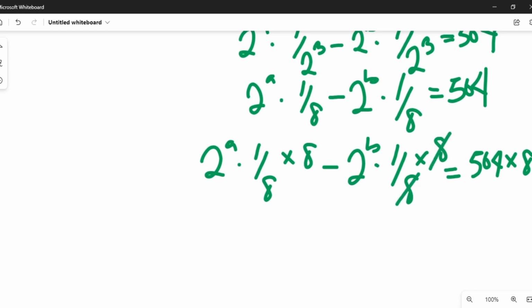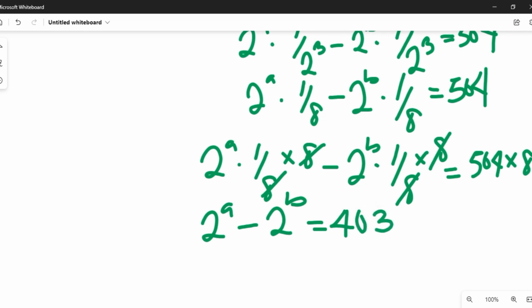So 8 will clear 8, this 8 will clear 8, and we'll be left with 2 raised to the power a minus 2 raised to the power b equal to 504 times 8, which will give us 4032.